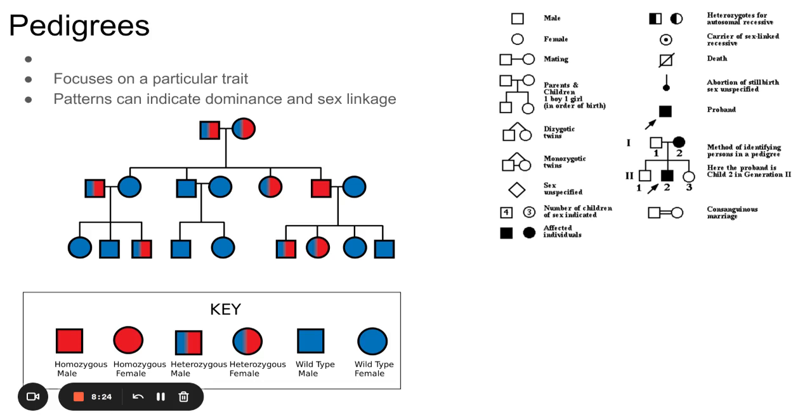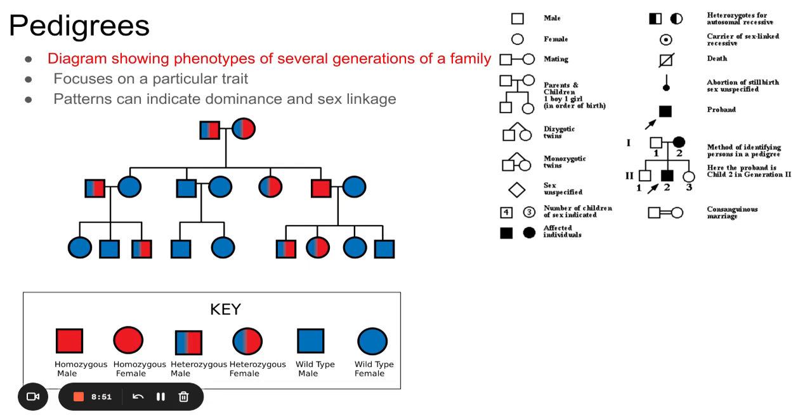You should be familiar with these diagrams. They're basically a family tree that shows certain traits and who has those traits and who doesn't. So the symbols that we use: we always use squares to represent males.